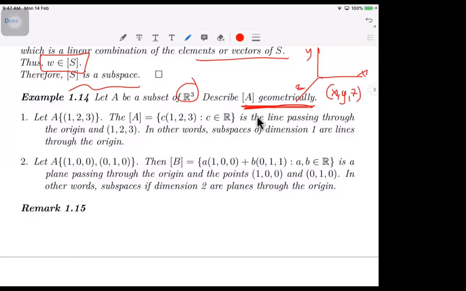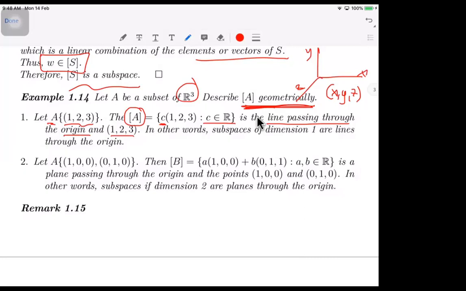So specifically, suppose your set A is three-dimensional, 1, 2, 3. So the span is a linear combination, multiplied by some constant C, where C is a constant. Actually, in Rn, it is just a line passing through the origin and 1, 2, 3.